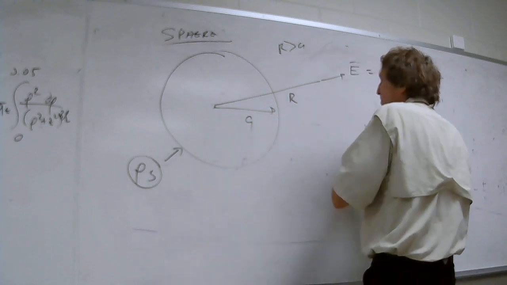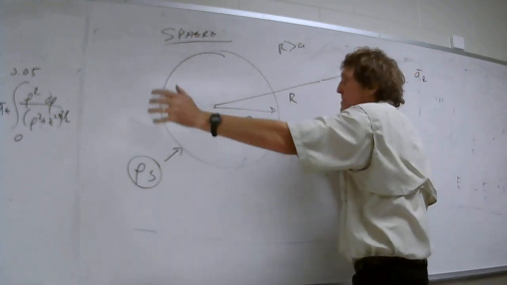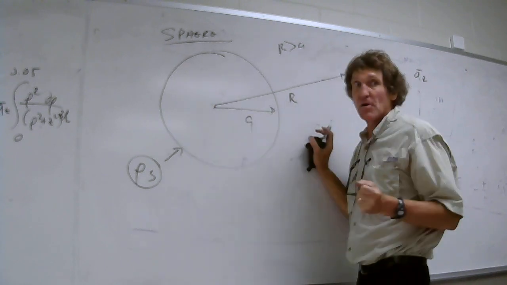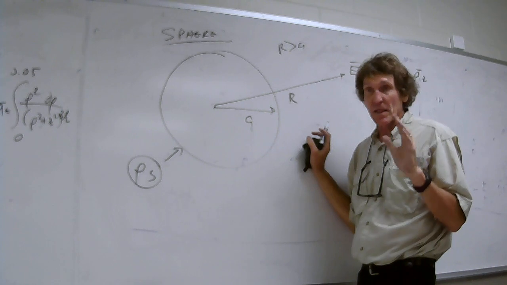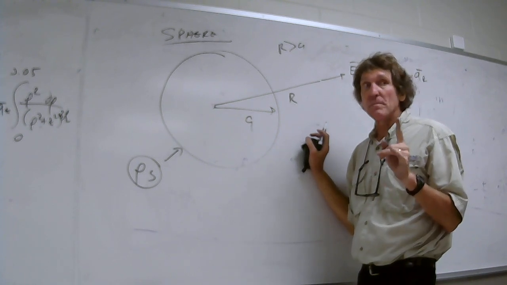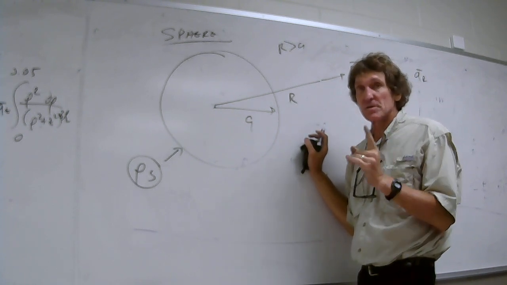And its magnitude would be as if all this charge was centered at the origin. You all hear me? This is a spherically symmetric charge distribution. The electric field will only be, in magnitude, a function of the distance away.